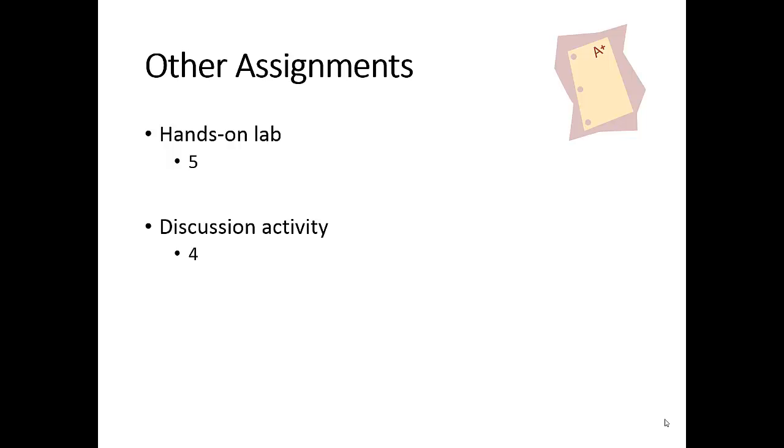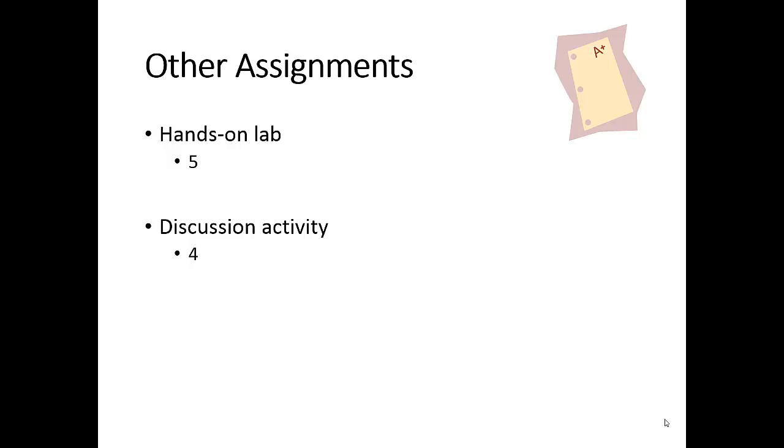Next is discussion activity. We have about 4 discussion activities, and in addition to those 4, again, just to get started, we have discussion activity 0, which is introduction of yourself.